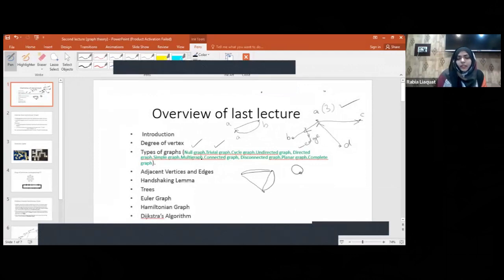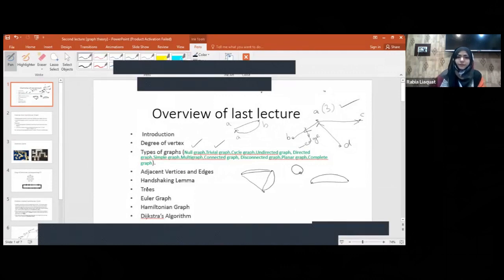Then the multigraph is a graph where multiple edges can exist from one vertex to another vertex. For example, these are two vertices, one edge is this, and another goes back to the same vertex. This is a multigraph. A connected graph is any graph which is connected.